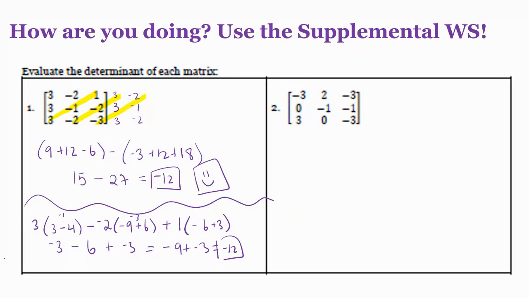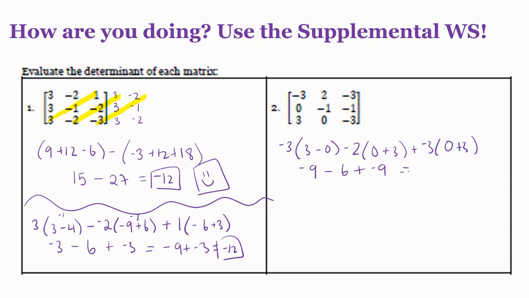Okay, and then in this last one, I'm going to do negative 3, 3 minus 0, that's nice with that little 1, and then minus 2, 0 minus negative 3 or plus 3, and then plus negative 3, 0 plus 3. That's minus negative 3. So this gives me negative 9 minus 6 plus negative 9.